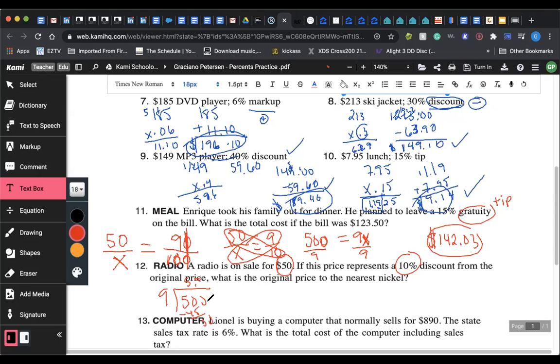I get another 5. So if I keep going, it's 55.55. Right. So what is the original price to the nearest nickel? It's going to be $55.60, and 60 cents to the nearest nickel, because I got to round up. There's going to be nothing but 5s, right? When I round that 5 up, it's going to become a 6. So the nearest nickel is actually 60 cents.